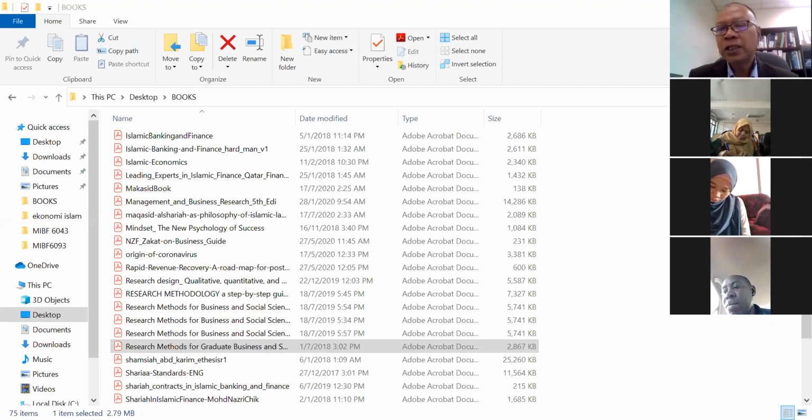Research methodology is the study behind all research. In other words, research method is part of research methodology. Research methodology is more general than research method.